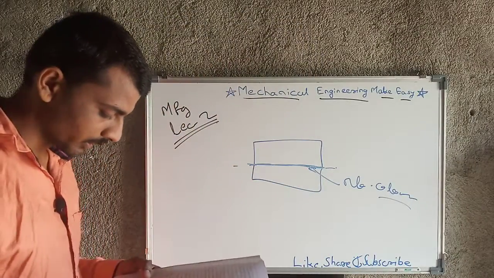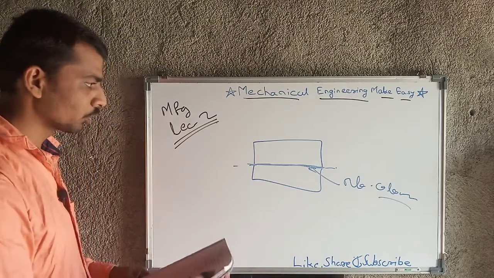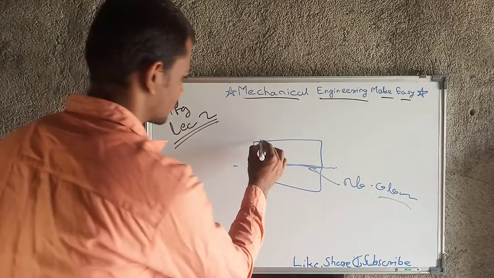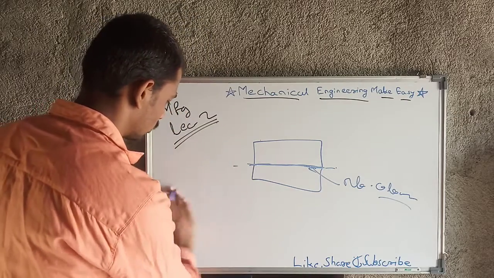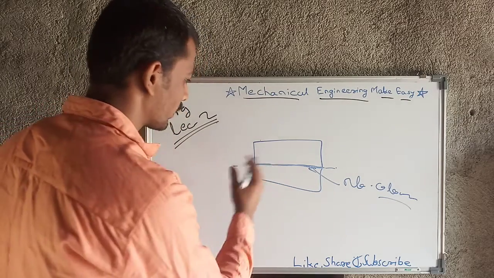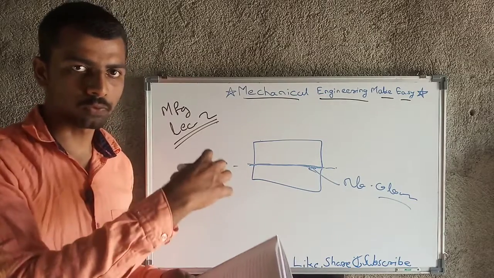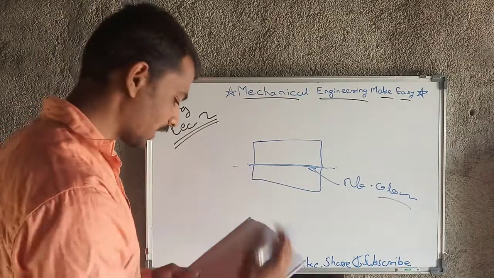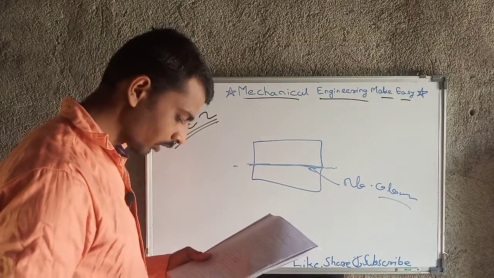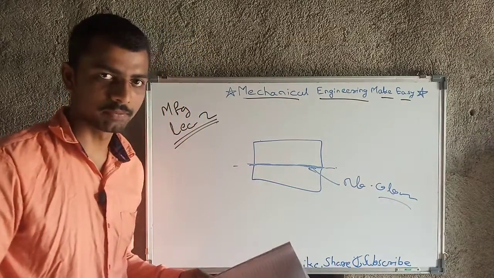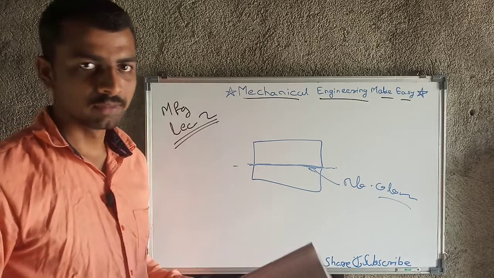Okay, then supports or stop offs, if we have to provide any support, for example here any core is there and we have to provide support for that. Means in that cavity we have to provide support for any part, so for that the supports will be painted with black strips on a yellow base, means the base is firstly painted with yellow and on that the black strips will be painted.